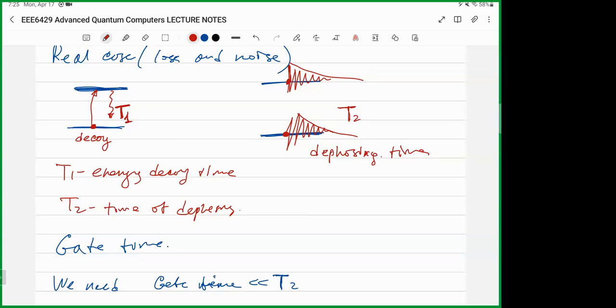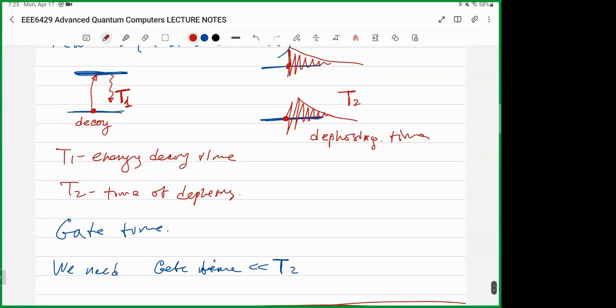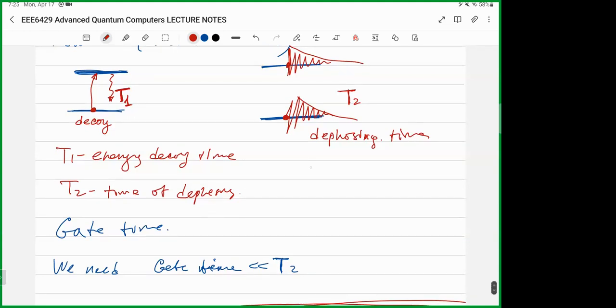Yeah. So of course, T1 is also a problem. We also need T1 as large as possible. The point is that quite often, or as a rule, T2 is smaller than T1.